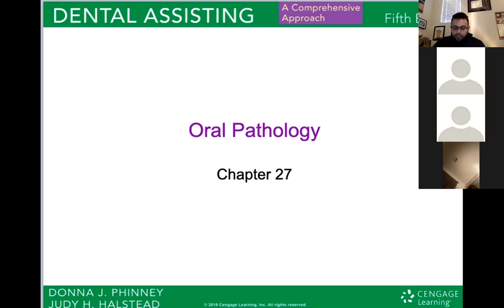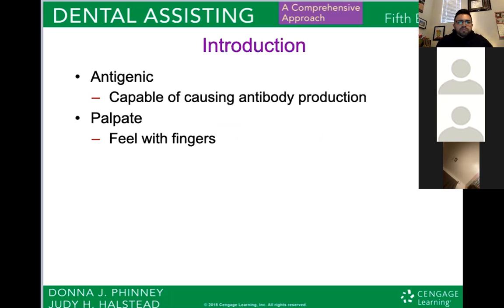And we'll identify oral conditions related to hormonal disturbances, also developmental disturbances, and nutritional disturbances. We'll discuss oral cancer and its warning signs and identify the conditions and lesions of oral neoplasms, which are just a fancy term for tumors. We'll identify oral lesions related to HIV and AIDS and describe the conditions related to miscellaneous disorders affecting the oral cavity. All right, so let's go ahead and begin here.